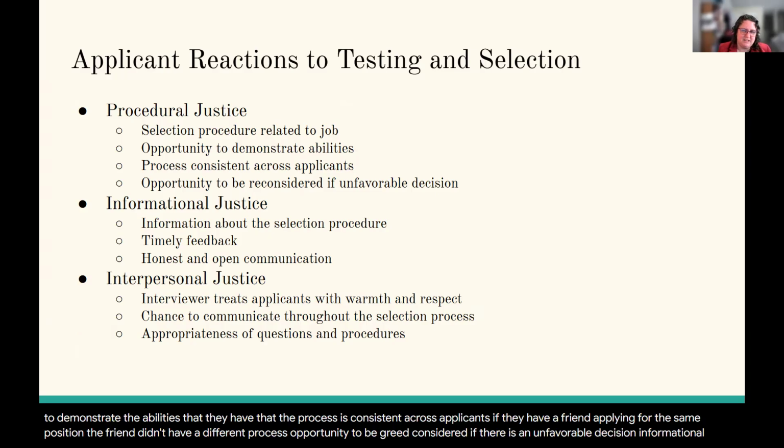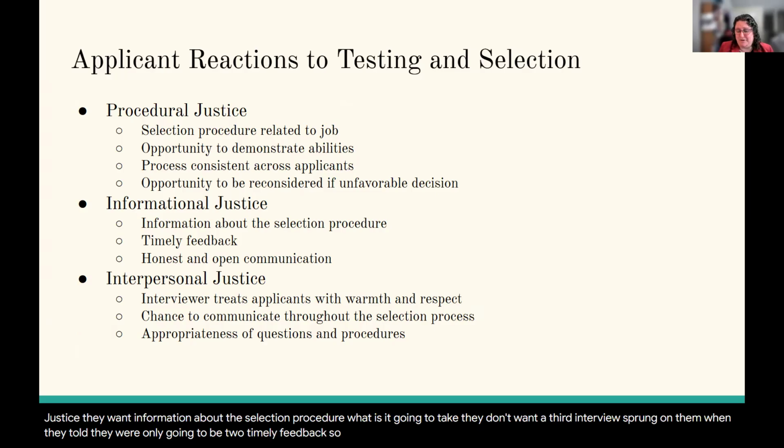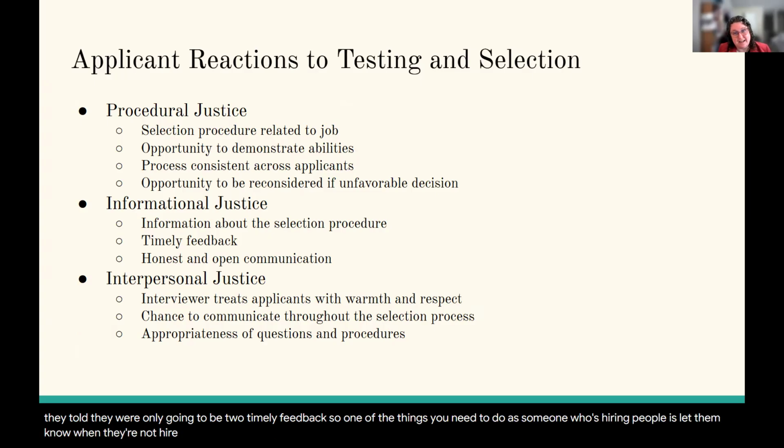Informational justice, they want information about the selection procedure. What is it going to take? They don't want a third interview sprung on them when they were told there were only going to be two. Timely feedback. So one of the things you need to do as someone who's hiring people is let them know when they're not hired, so they're not like hanging on. Open and honest communication is part of that.